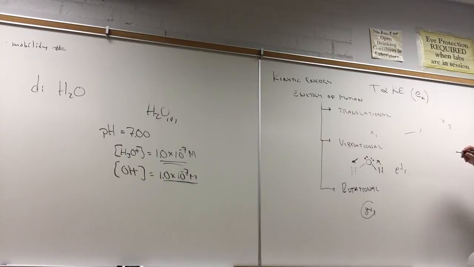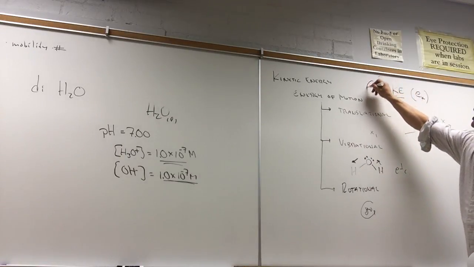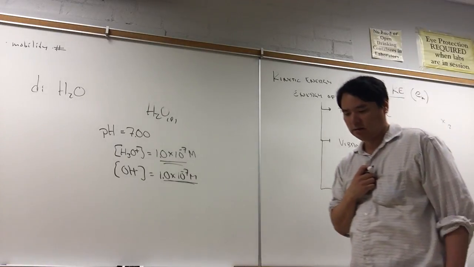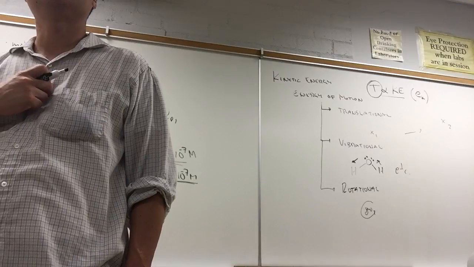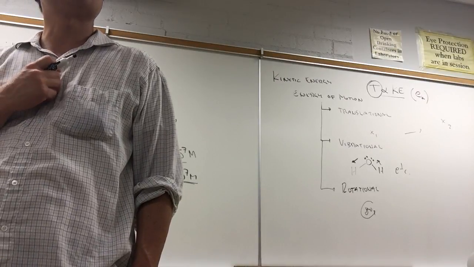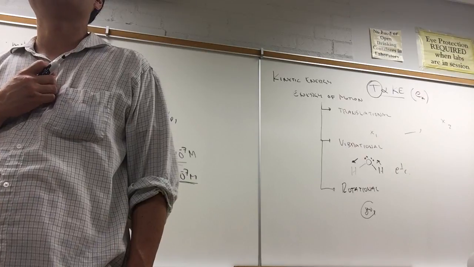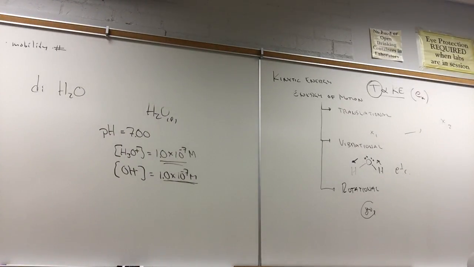So kinetic energy, which is the energy of motion, is related to temperature. And potential energy is related to the bonds, how strong the bonds are. Weak bonds, unstable, right? High potential energy. Strong bonds, stable.